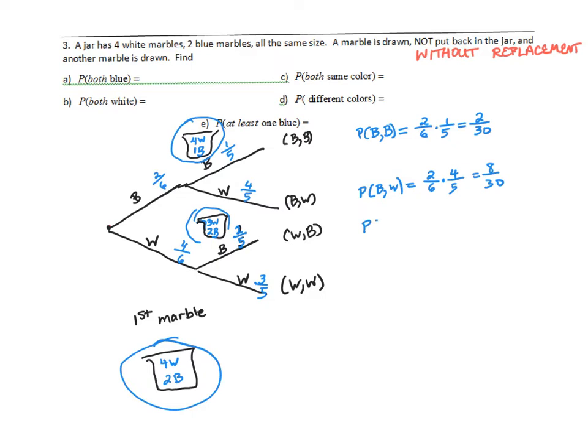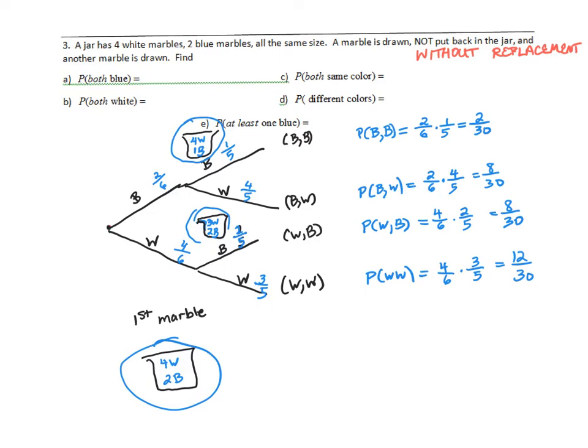The probability of a white and then a blue would be 4 out of 6 times 2 out of 5, which is again 8 out of 30. And the probability that both are white without replacement would be 4 out of 6 times 3 out of 5, which gives us 12 out of 30.